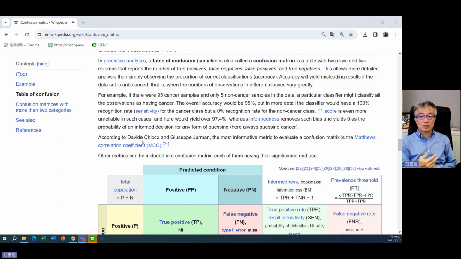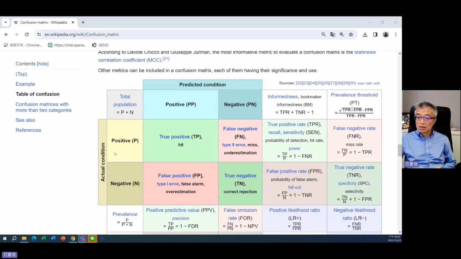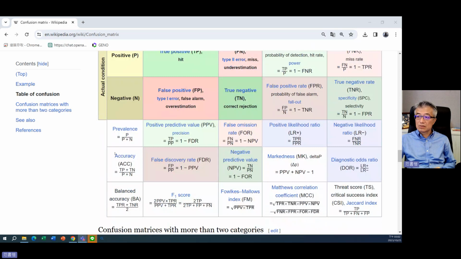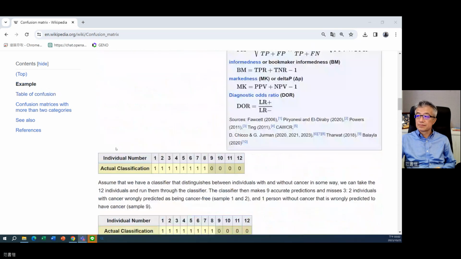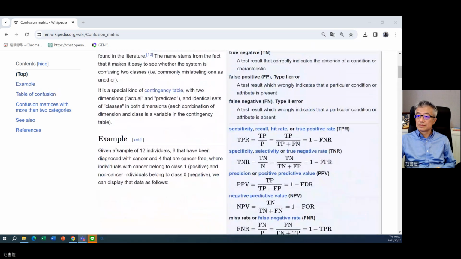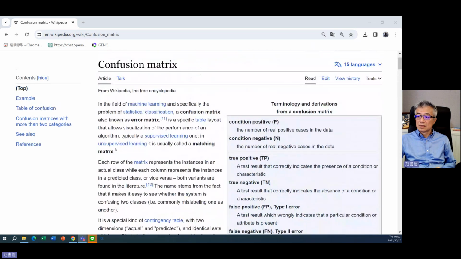That is when the number of observations in different classes varies greatly. This is sometimes called class imbalance. So based upon this, the prediction error. Okay, let me do this.